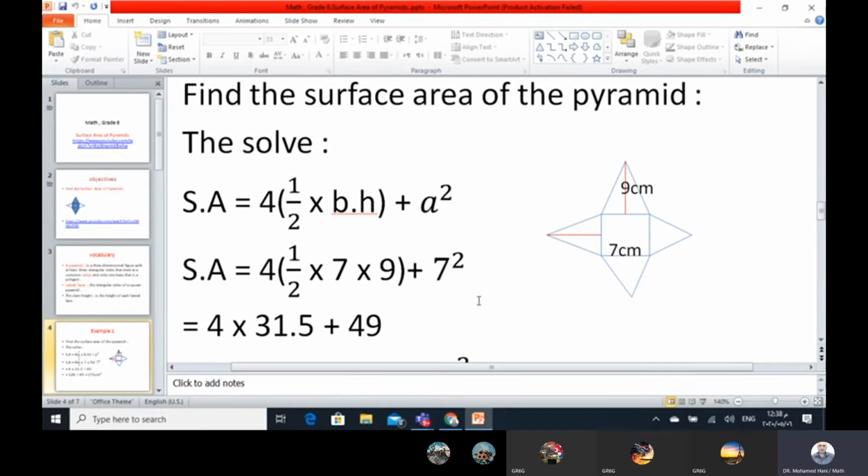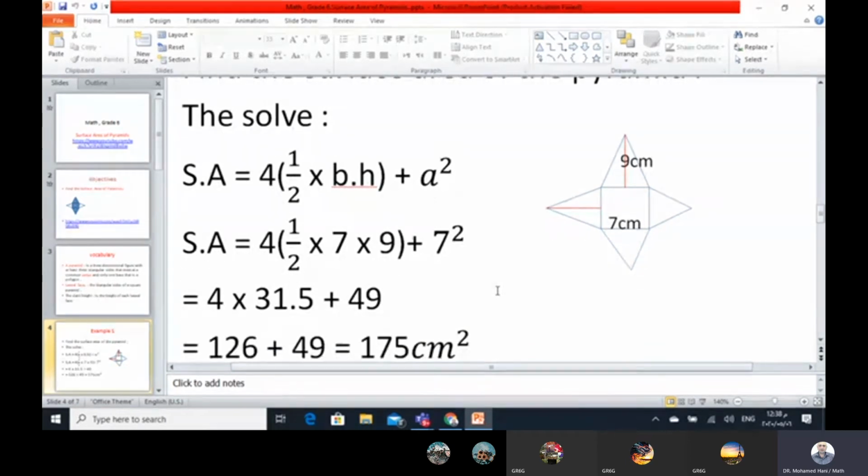Now you can start to solve. In the order of operations, start with the parentheses. Inside the parentheses, we have 9 multiplied by 7, which is 63. 63 multiplied by 1 is 63. 63 divided by 2 is 31.5. And here we have 4. So I can write 4 multiplied by 31.5 plus 7 exponent 2, which means 7 times 7. 7 times 7 is 49.